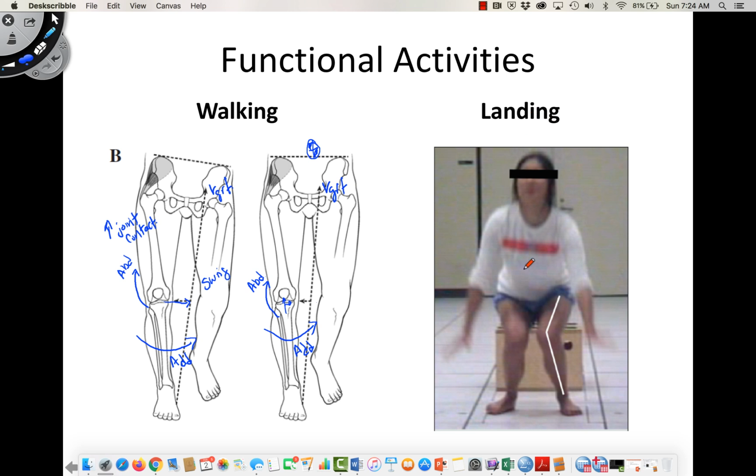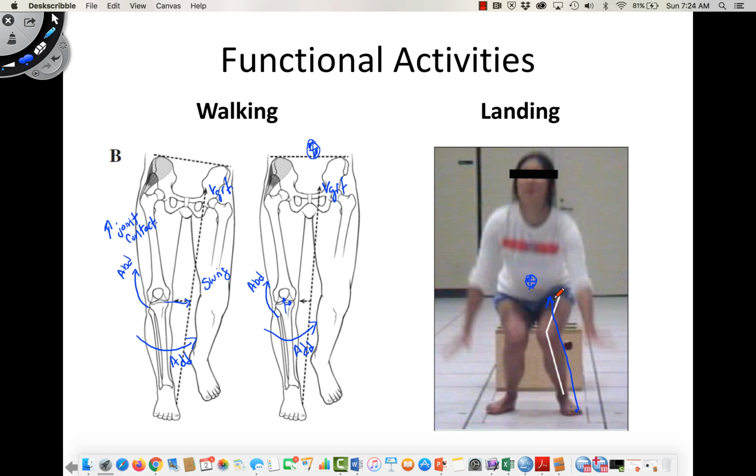We can also see another example here where landing mechanics occur without the knees aligned with the hip and the foot. When the person lands, like is shown here, jumping from this box, the ground reaction force again is going to be toward the center of the body. So here's the contact point on the ground.